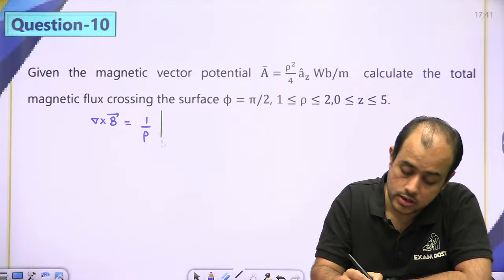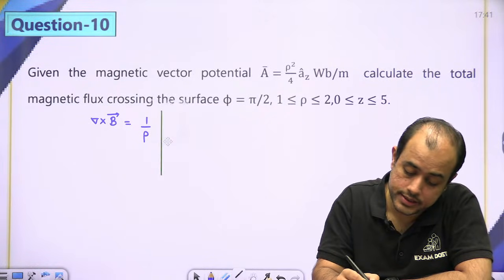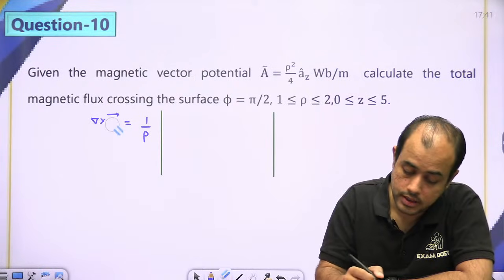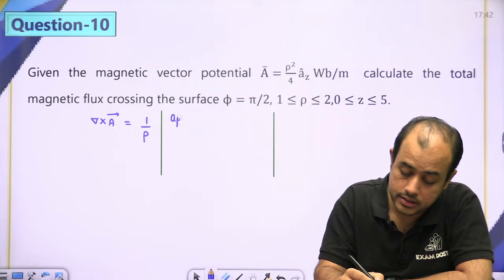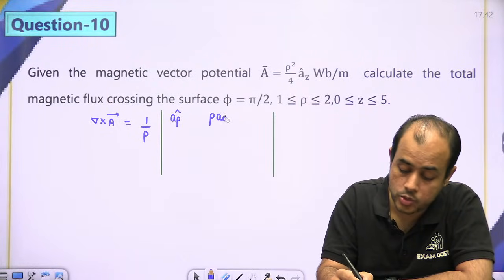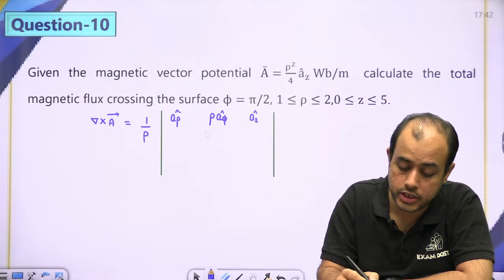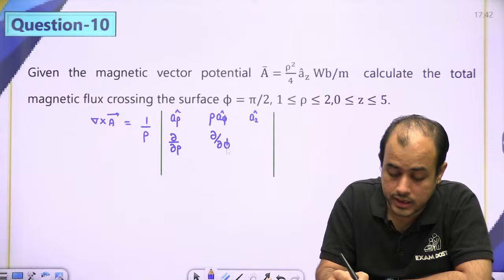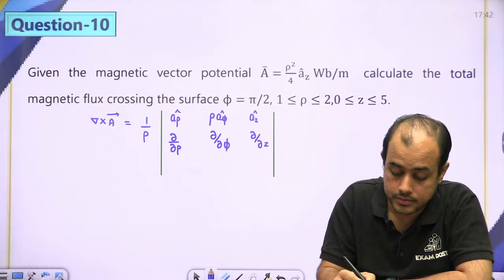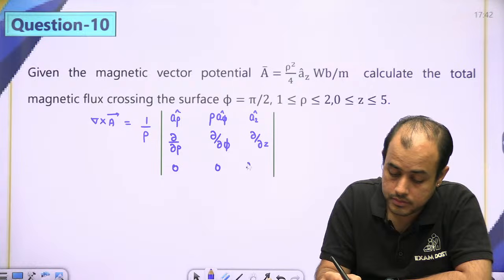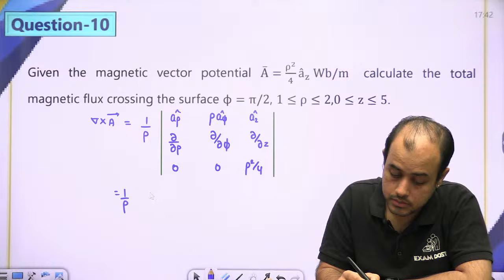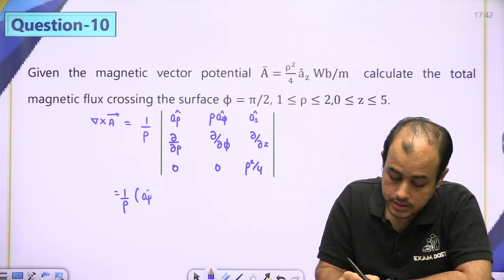Now in cylindrical coordinates, what I need to do is calculate the curl of A. Because whenever vector potential is given, this type of question you can expect from vector potential, where you will use it to find the flux density.